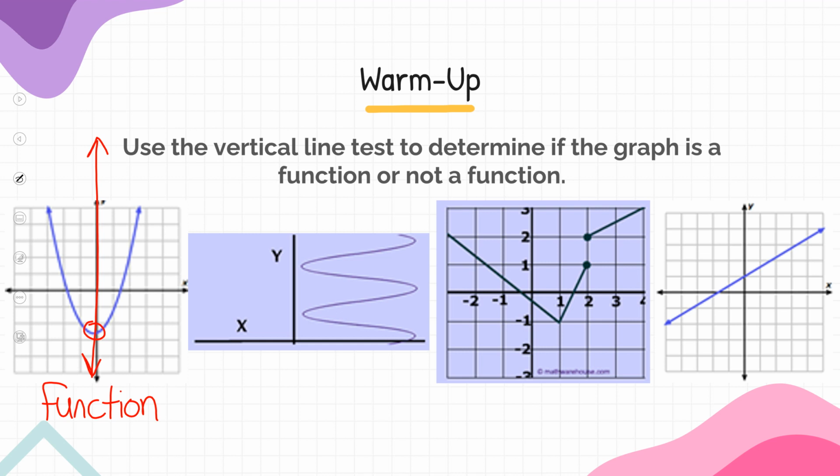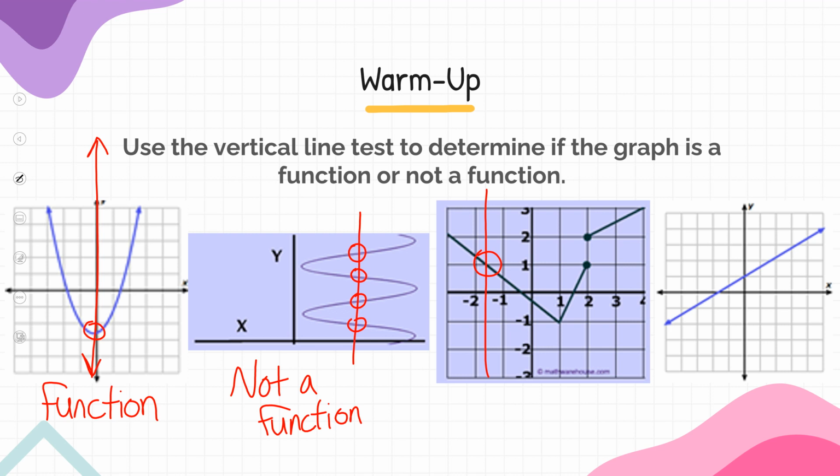Let's look at this second graph. If I draw my vertical line, notice I have 1, 2, 3, 4, and it would continue on with intersections, so this is not a function. So let's continue on to the third graph. Well, if I were to draw a vertical line here, it only has one intersection at that one x value.